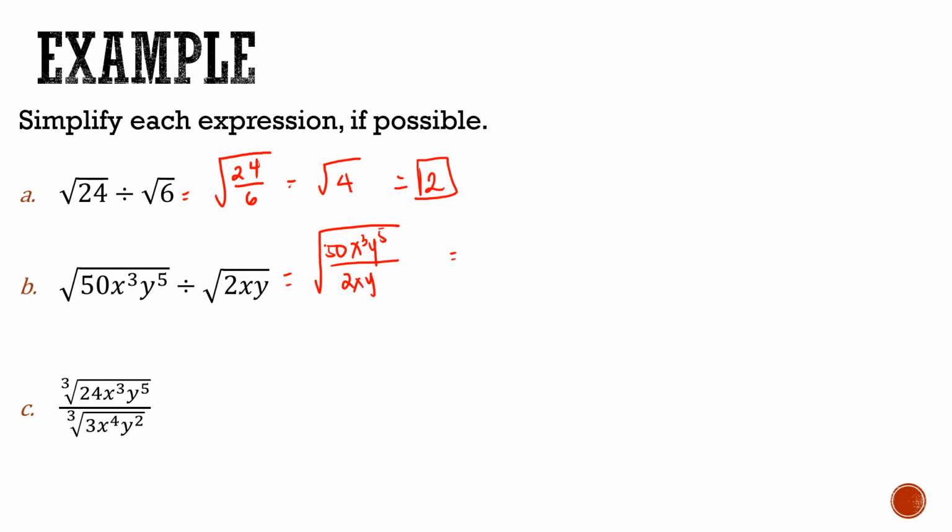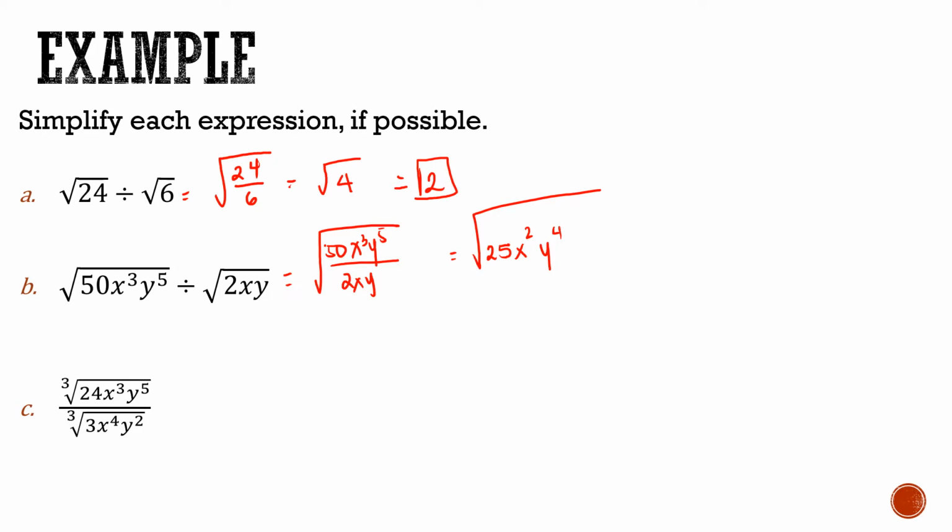So dividing 50x cubed y to the 5th over 2xy will give us a quotient of, 50 divided by 2, we got 25. X cubed divided by x is x squared. Then y to the 5th divided by y is y to the 4th. So this will become square root of 25x squared y to the 4th.